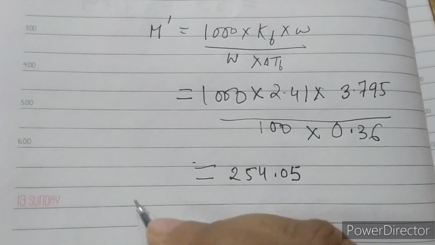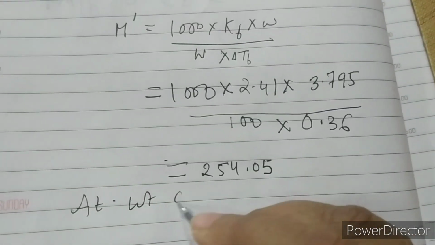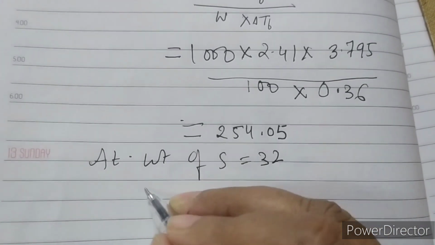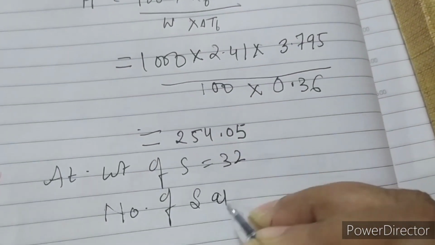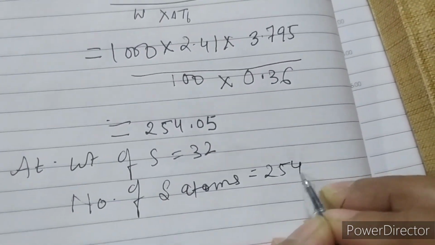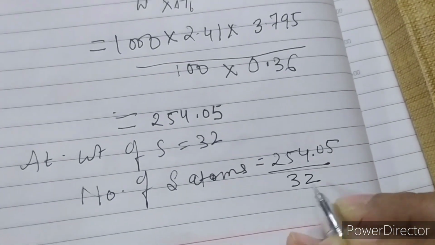Now as the atomic weight of sulfur is equal to 32, the number of sulfur atoms will be equal to 254.05 divided by 32. So this will give you the number of atoms.